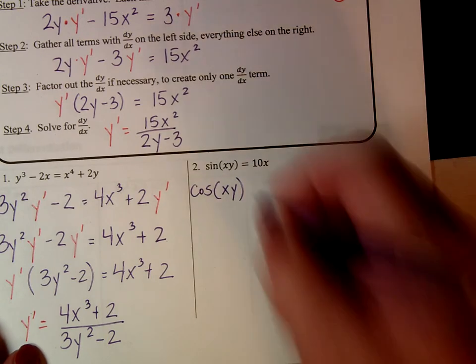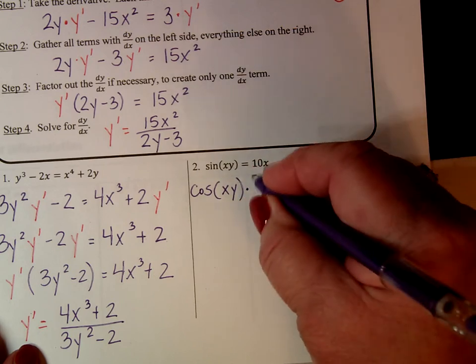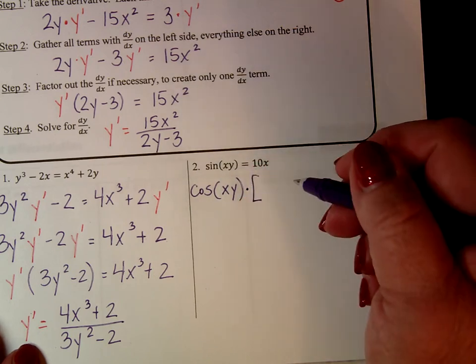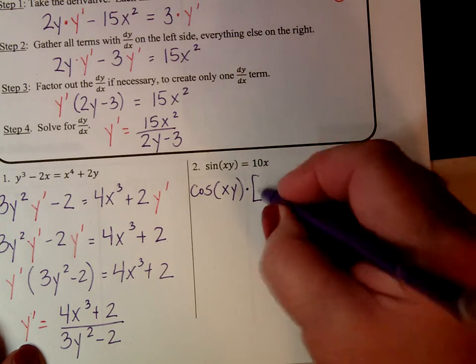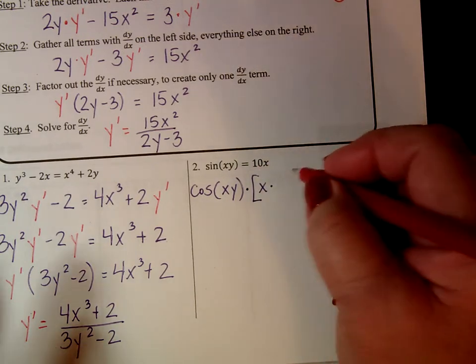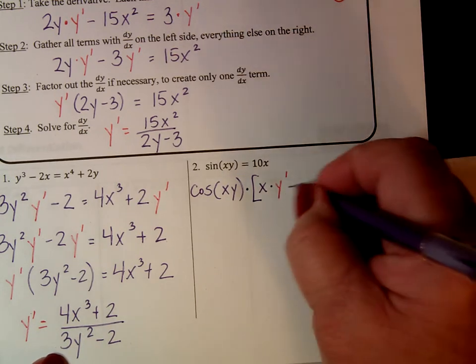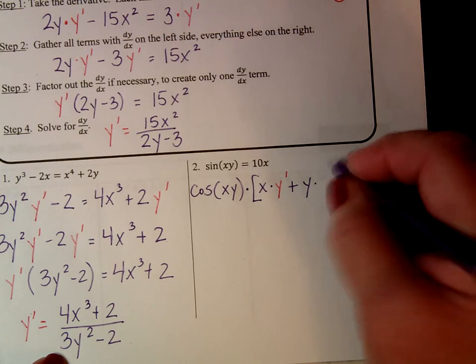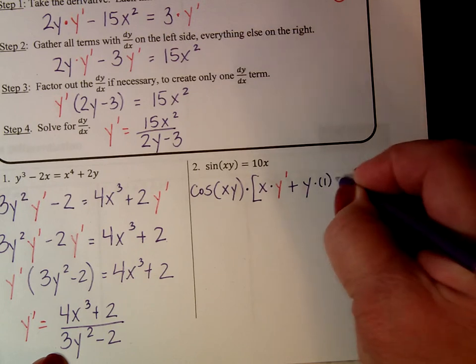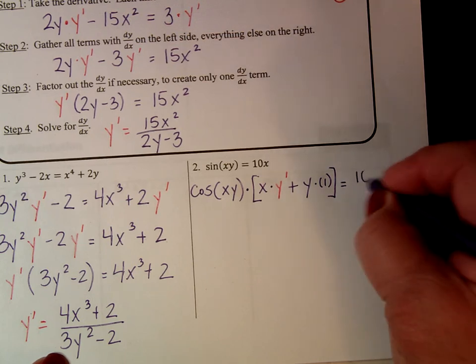But then you have to multiply it by the derivative of what the angle is. That's where we're getting into this whole implicit stuff. So the first times the derivative of the second. Well, the derivative of y is 1, but you've taken the derivative of y piece. Plus the second times the derivative of the first, which is 1, equals the derivative of 10x, which is 10.